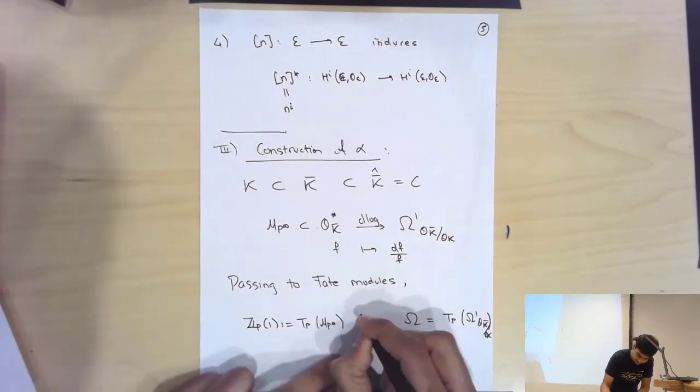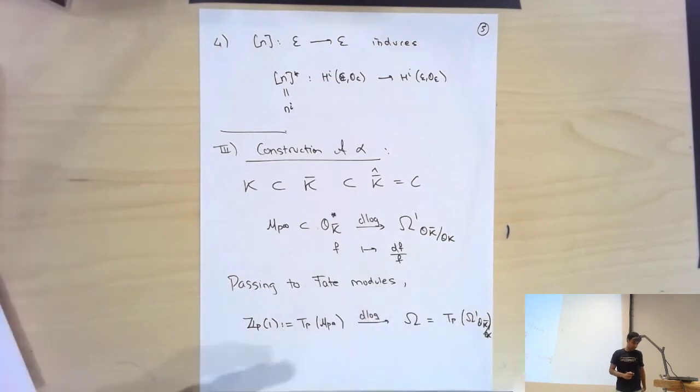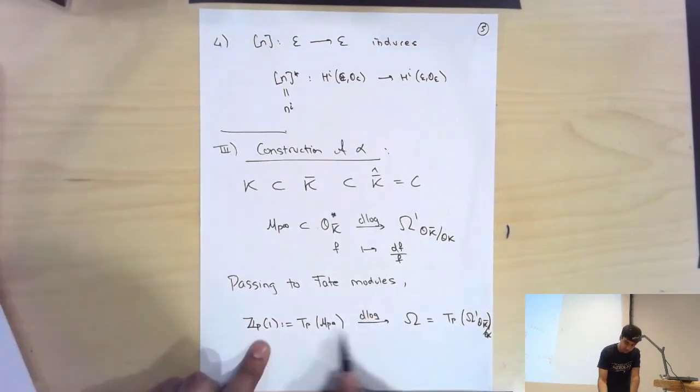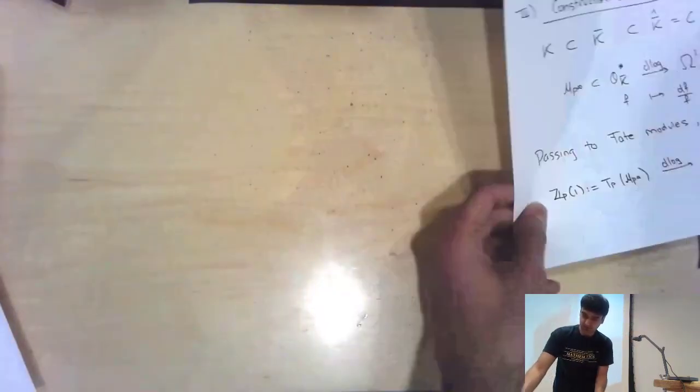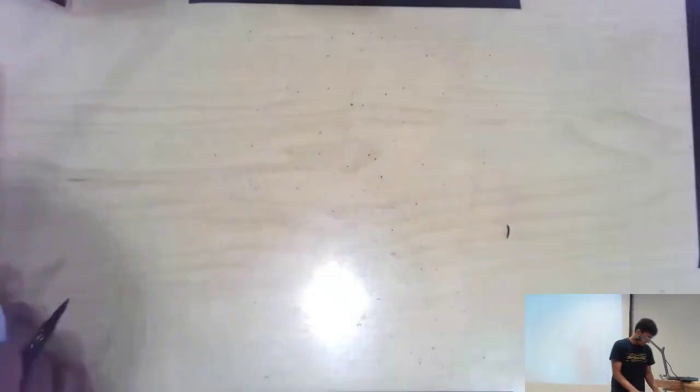And I will also call this map d-log, because it's simple that way. And so this is somehow the key glue that's connecting differential forms with the Tate twist. And what is Fontaine's theorem about them that's sort of getting things going is the following.